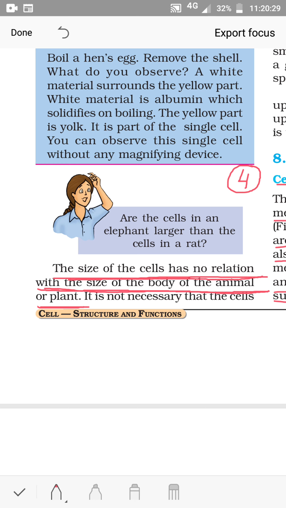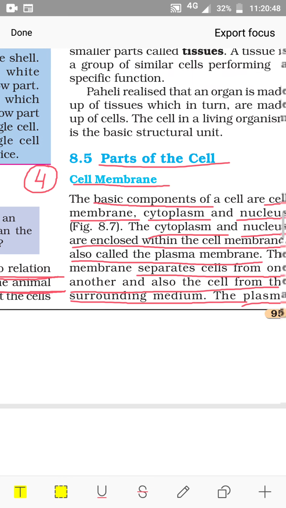That doesn't mean the elephant has smaller cells than the blue whale, or that the rat has smaller cells than the elephant. The size of the organism may vary, but the cell's size does not vary with that.